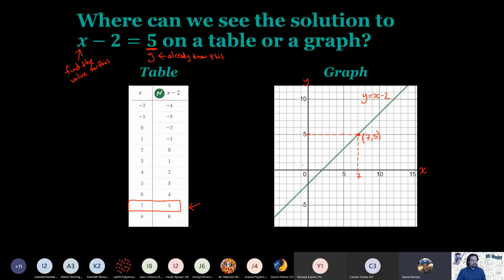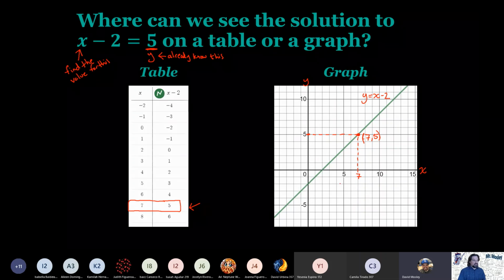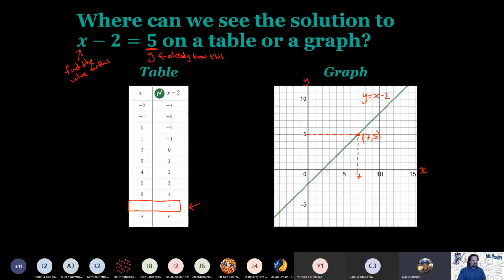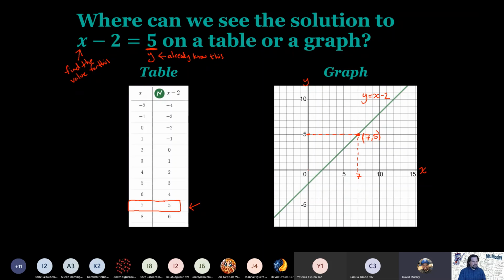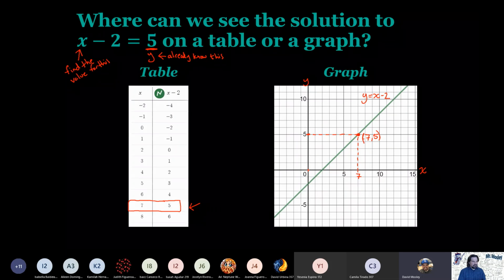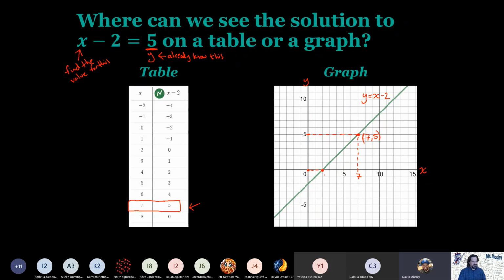Right? I could do the same, right? If I wanted to know, okay, where does the line equal 0? Right? We start at 0, follow it over, right? So we get 2.